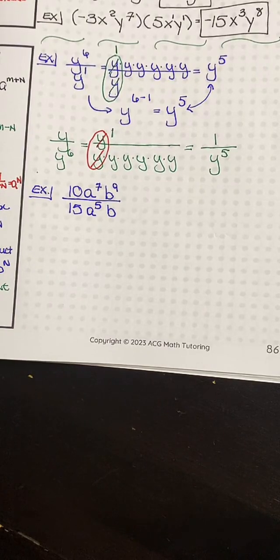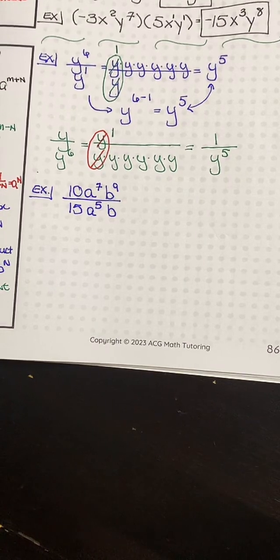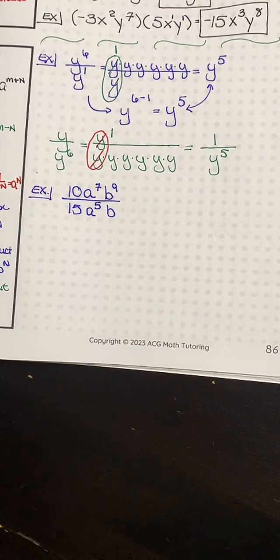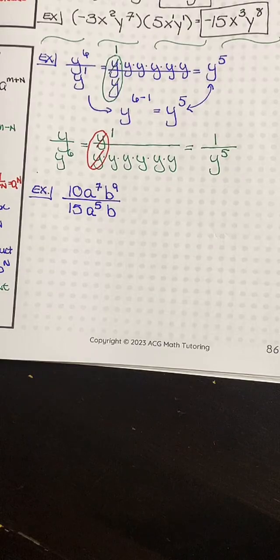Laura, you're saying 10ab to the 16th over 15ab to the 6th. We're going to have to take a look at that. Okay, Janice is not sure. Thank you for your honesty. Oh, wait. Okay, Bree, we're changing things up. Hold on. Okay, no, it's the same thing. Okay. I don't know what function we're doing. All right.